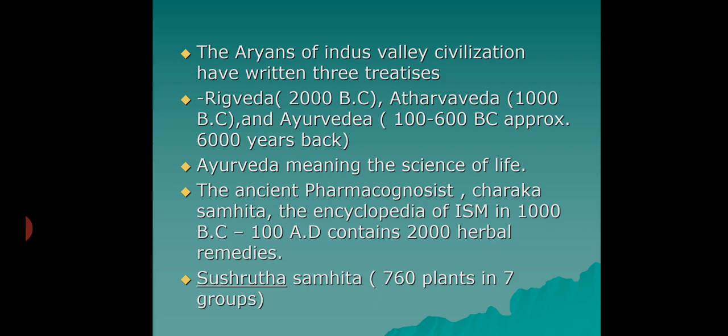Tridosha: vata, pitta, kapha. It depends upon the human nature and behavior, and the inner disease may vary and become unequilibrated. So they find suitable herbal medicines or a suitable natural product.